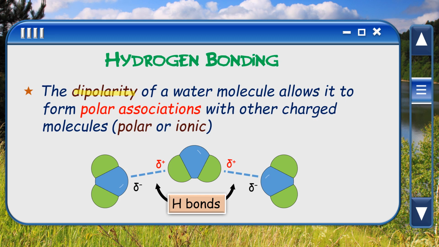So the water molecule has a dipolarity, and this makes it easier to form associations with other polar substances or other charged substances, the polar and the ionic.